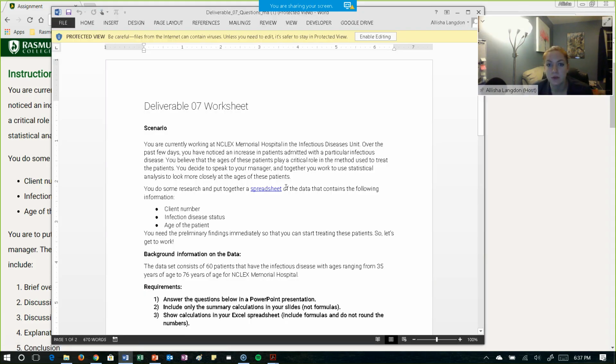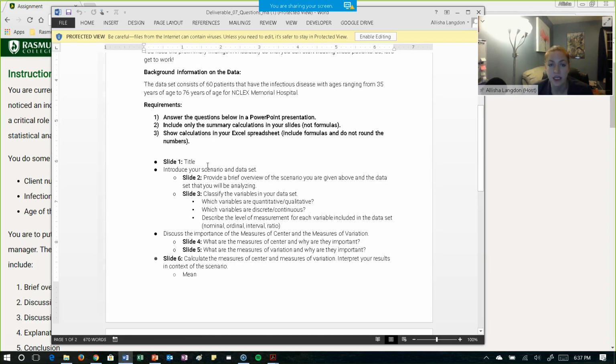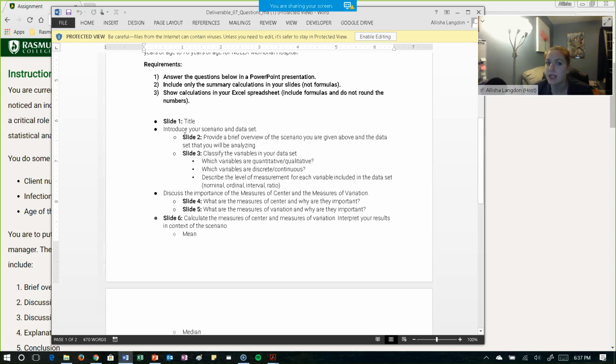But you can see there's a spreadsheet that's given over here, actually. And then you'll see, like, introduce your scenario and data set, provide a brief overview of the scenario, classify your variables. So this should all look really familiar. Calculate the measures of center.